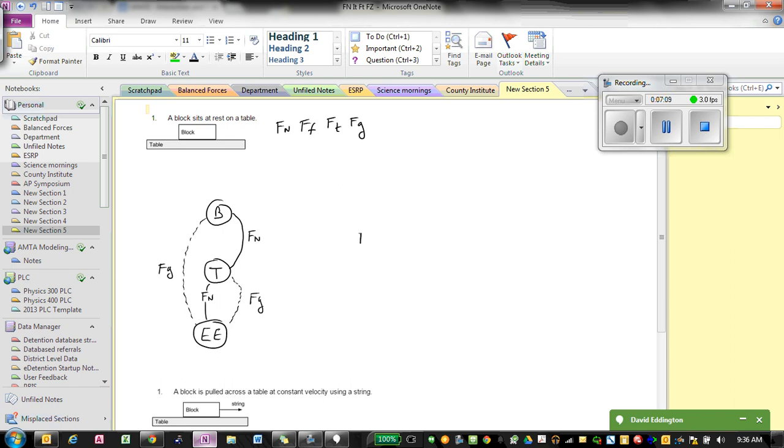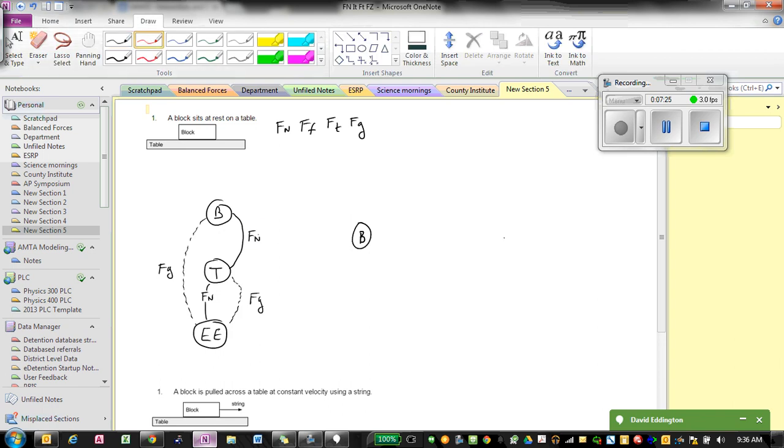So here I'm going to use that symbol here to draw the force diagram for the block. So there's two interactions. I already have decided that. So the two interactions that I need to get on this diagram are this normal force and this gravitational force. So I think about the normal force on the block by the table.